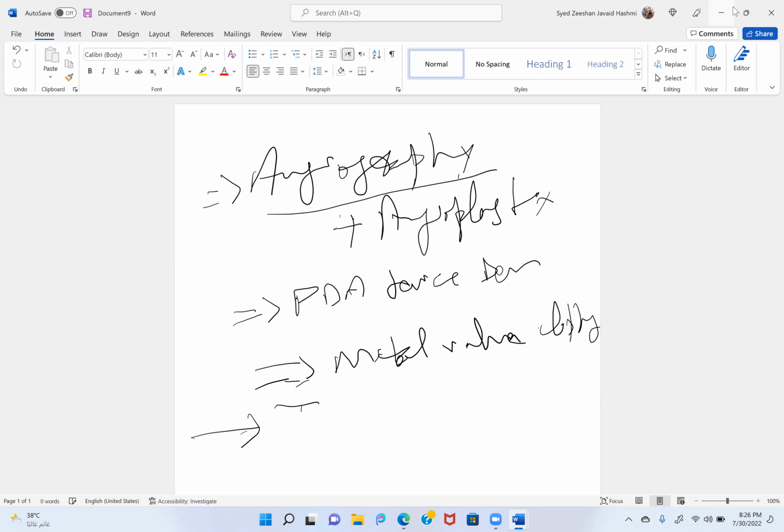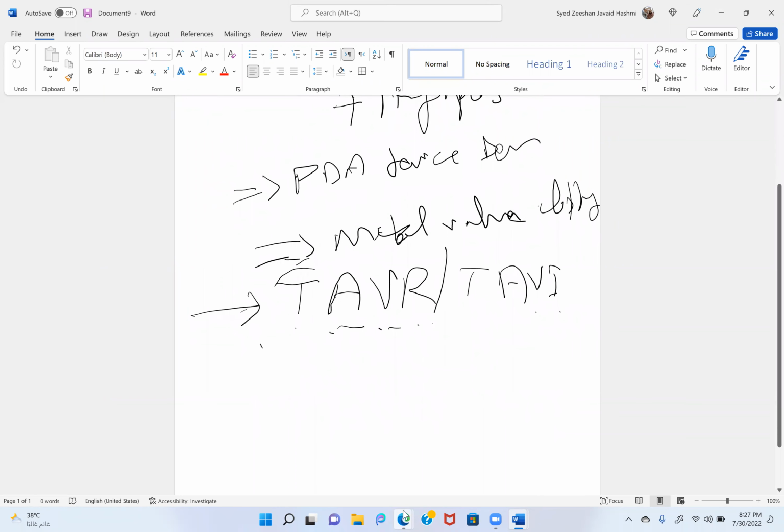There is another procedure which is called TAVI or TAVR, transcutaneous aortic valve intervention. I forgot whether it is transcutaneous or transvascular, but it is aortic valve replacement or intervention. Yes, transcutaneous. So this is also an example.